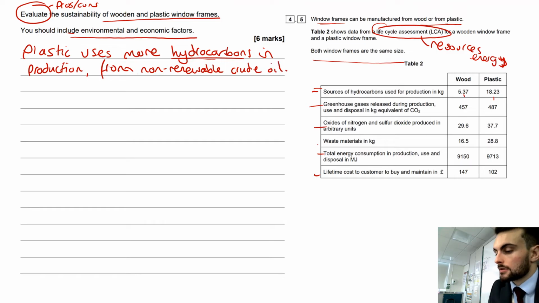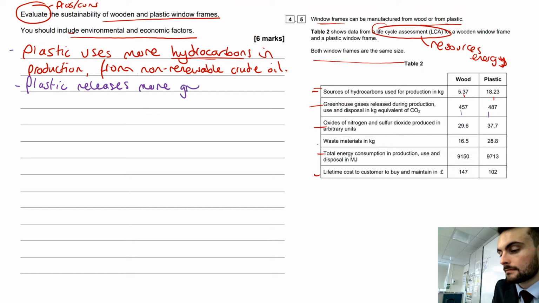Okay, so we've done the first one. Let's look at the next one: greenhouse gases released during production, use and disposal, in kilograms equivalent of CO2. Which one releases more greenhouse gases? It's plastic, so that's our next one. Plastic releases more greenhouse gases during production, use and disposal.